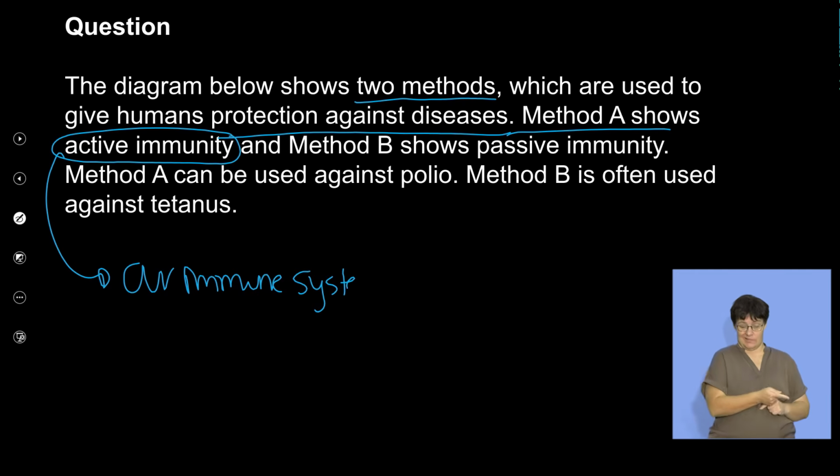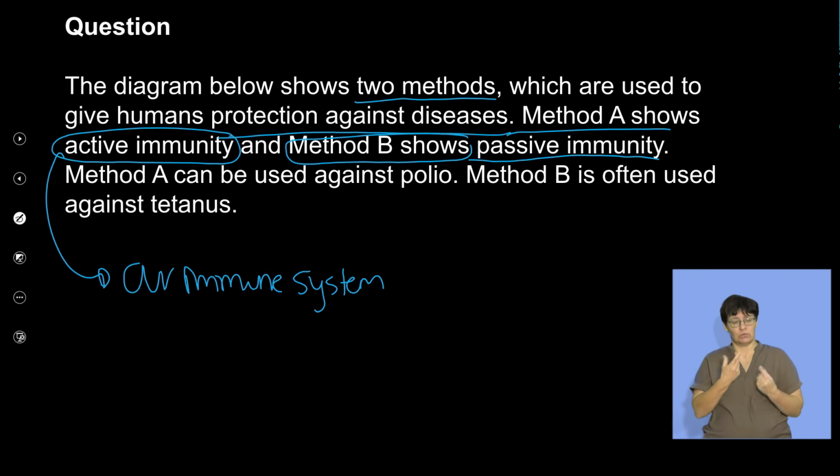So we put things in our body and we let our immune system deal with it. It takes a bit longer, but it lasts a lot longer. Then we're going to look at method B, which is passive immunity. It's something we put in, it's going to do its job, but it's not going to last too long.